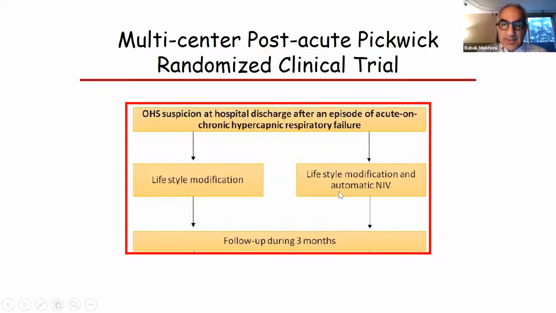We think that it will be easy to convince IRBs to approve this kind of study because the idea is that we will guarantee that the patient will be seen in the clinic in 3 months and go on therapy in 3 months. To be honest with you, at least at my institution, many times these people get discharged and nobody refers them to the sleep clinic to start with. So we want to make sure that the non-treatment arm is not inferior to current standards, I suppose.